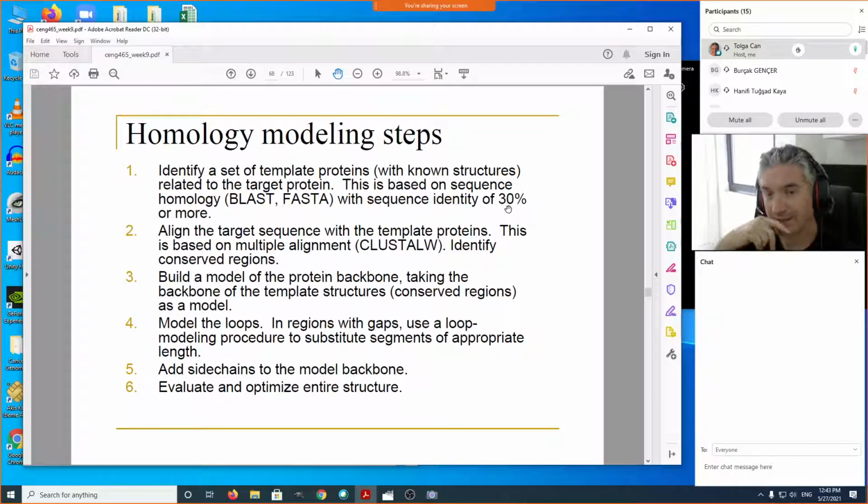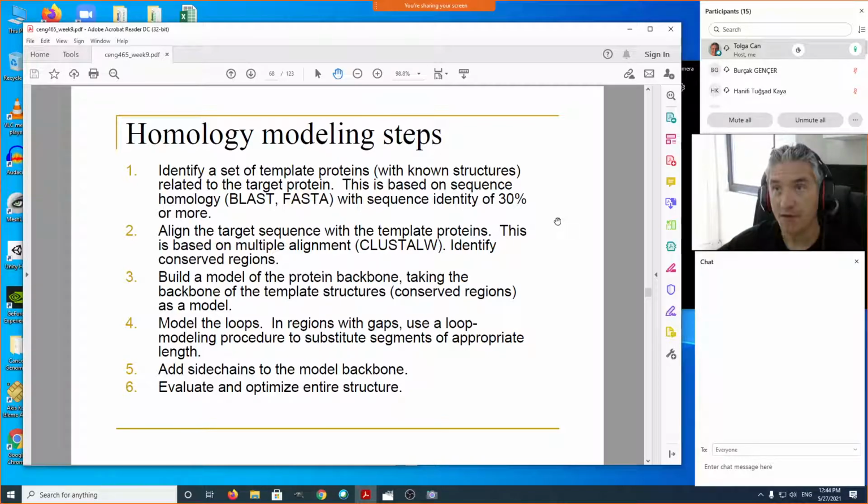So the second step is that these are your template proteins that you get a hit for, with a certain sequence identity to the target sequence. You multiple align them. So this is where multiple alignment gets into the picture as well. We multiply align those similar sequences to identify parts they may have in common.